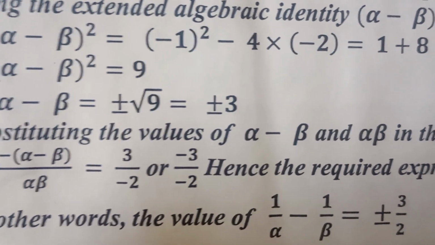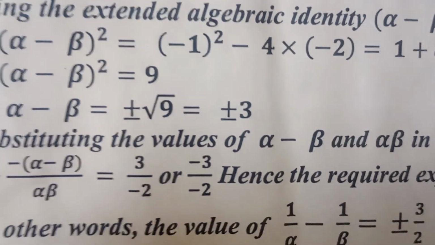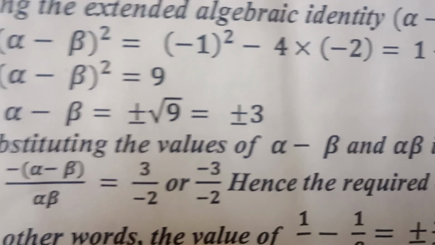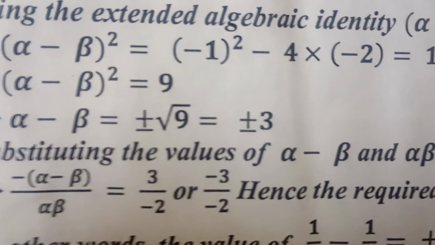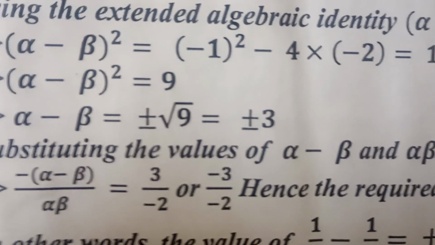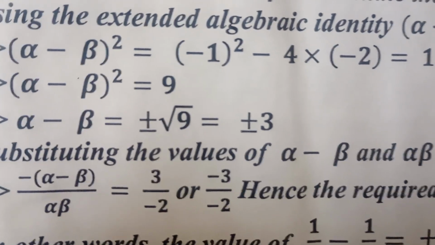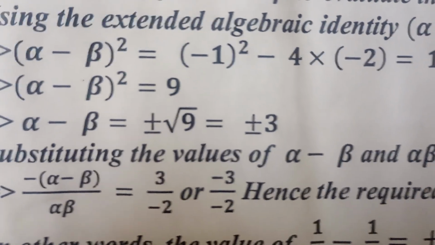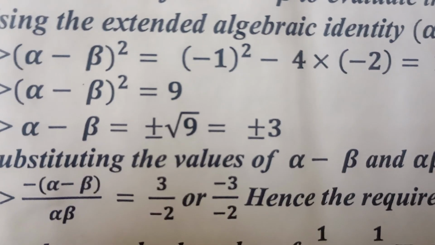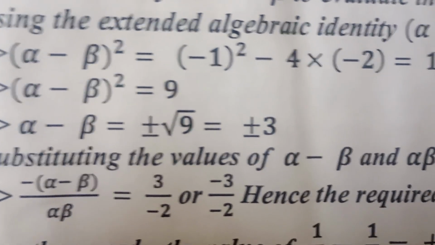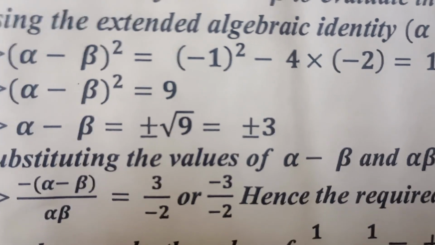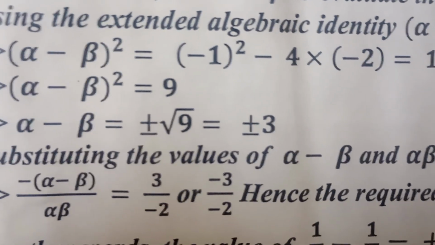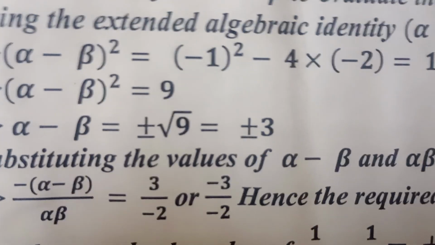We will be getting two values here. If you use 3, the positive root of alpha minus beta, you get minus 3 by minus 2. If you use the negative root, minus of minus becomes plus, plus 3 by minus 2.